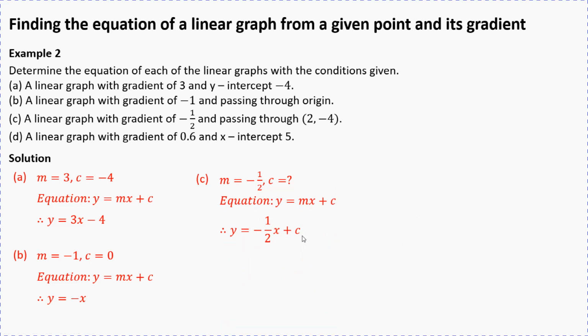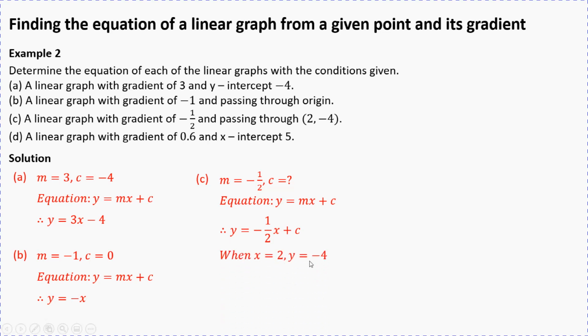Then all you need to do is put the point given, which in this case is (2, -4), into x and y. Remember, 2 is the x coordinate, so you put in 2, and -4 should be put into y. The purpose for doing that is to find the value of c.